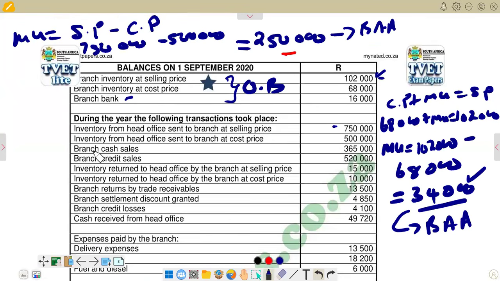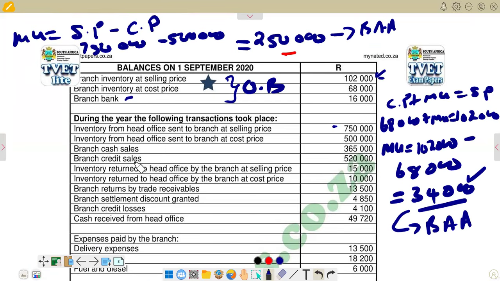We are now on branch cash sales of 365,000 and branch credit sales of 520,000. The credit sales will affect our branch trade receivables because it's not cash. Whenever sales take place, we are supposed to remove the inventory from the branch because inventory is moving out.